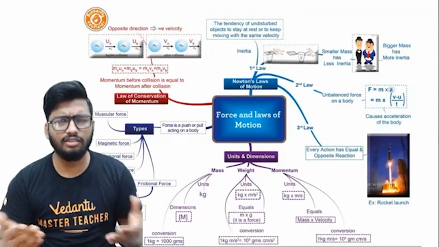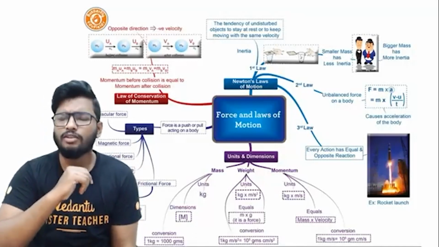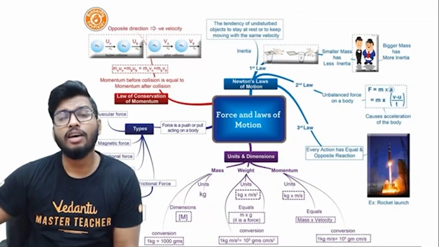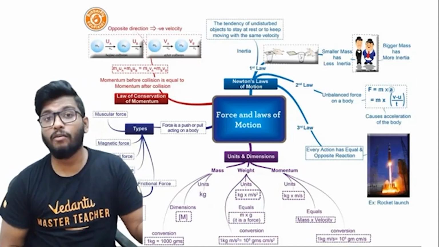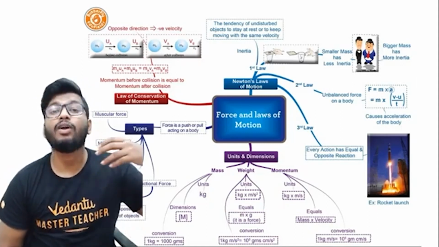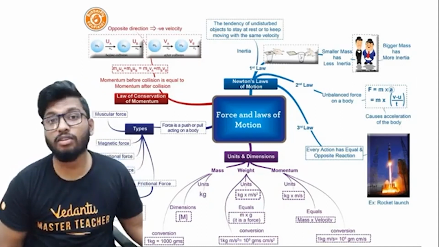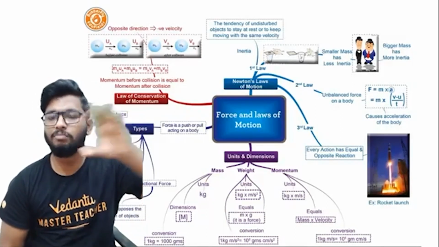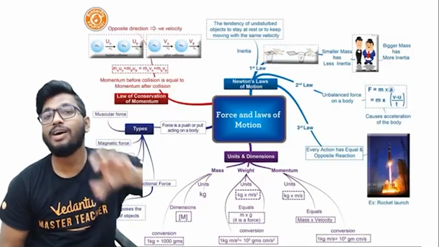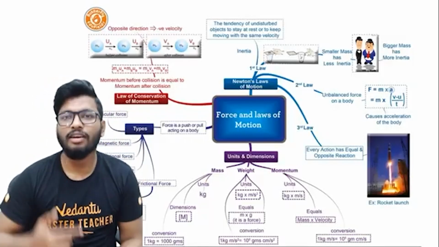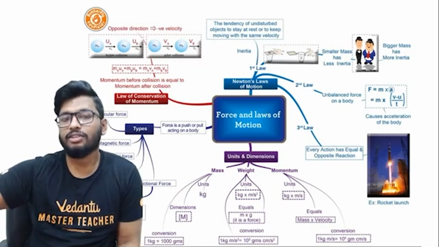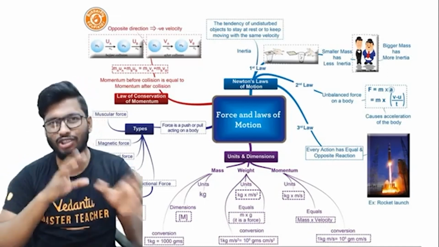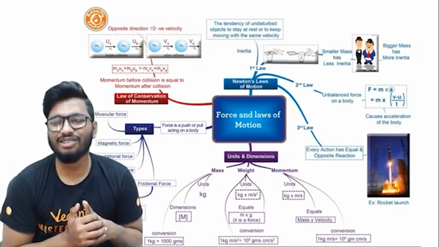The formula goes: m1u1 + m2u2 = m1v1 + m2v2, where m1 is the mass of the first body, u1 is the initial velocity of the first body, m2 is the mass of the second body, u2 is the initial velocity of the second body, v1 is the final velocity of the first body, and v2 is the final velocity of the second body. So this is your law of conservation of momentum.